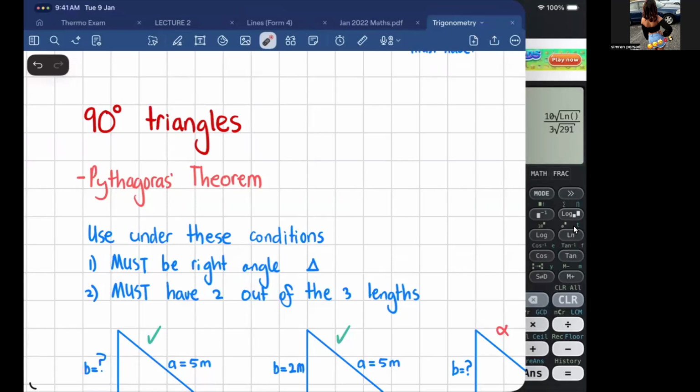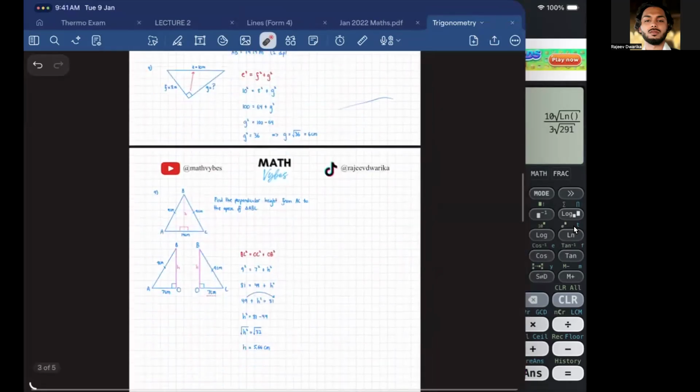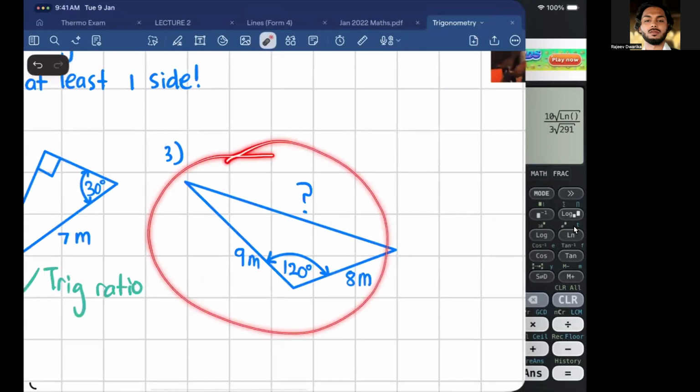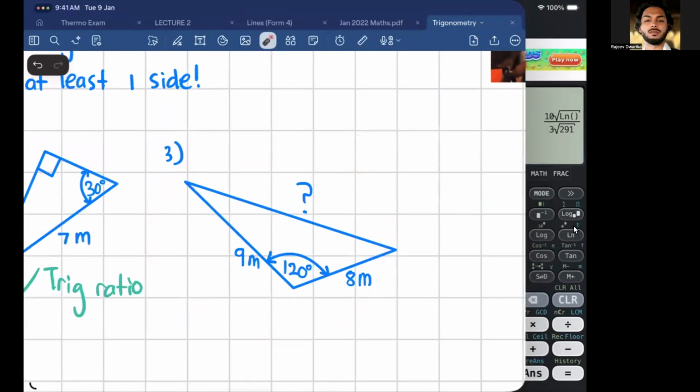It must be a right angle triangle. It must have two out of the three sides. Is this a right angle triangle? No. So Simran, right now we're dealing with right angle triangles. The only two things you could use are trig ratios and Pythagoras theorem. If it's not a right angle triangle, you can't use either one of those.